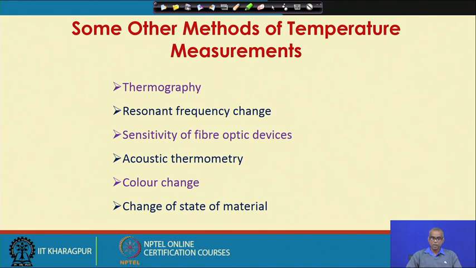So, this change of state of material principle is as simple as that. So, basically we have various temperature dependent effects on materials which can be used for temperature measurements. Now, this week and the following week we will be talking about several instruments which make use of these principles.